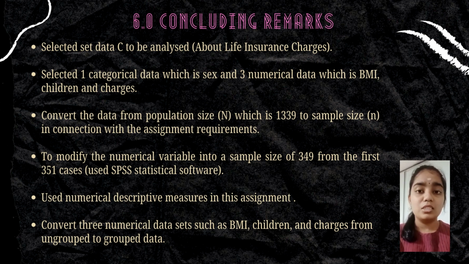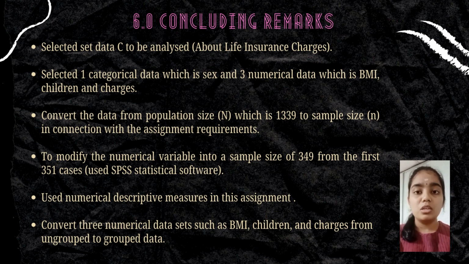It was necessary to convert the data from population size n, which is 1339, to sample size n in connection with the assignment requirements. To modify the numerical variables into a sample size of 349 from the first 351 cases, we used SPSS statistical software.